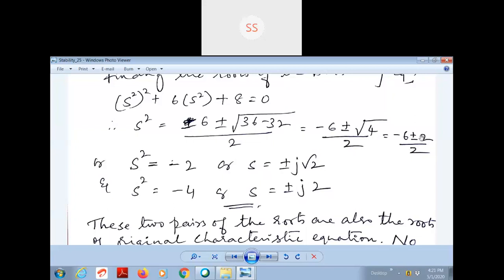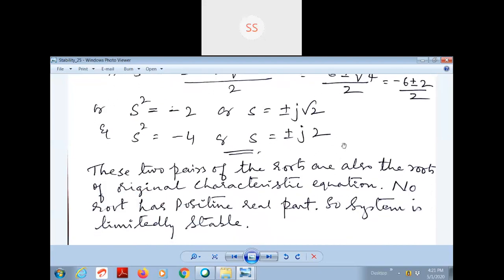Similarly, when the sign of 2 is minus, we are going to get minus 8, and minus 8 by 2 is minus 4. So s square is minus 4, therefore s is equal to plus or minus j2. This is another pair of roots.